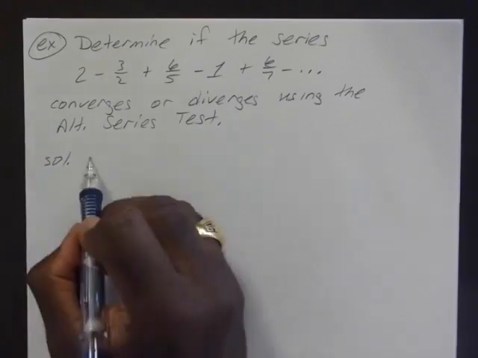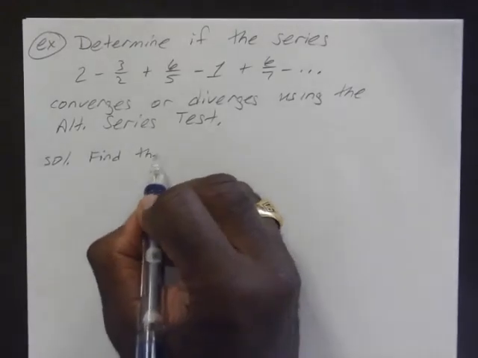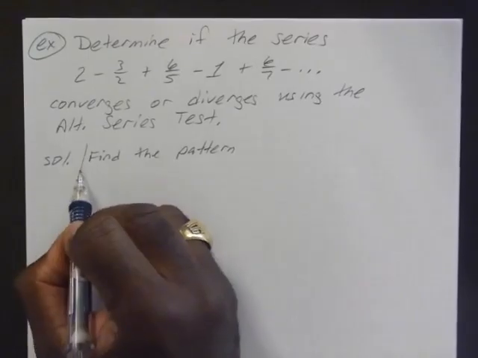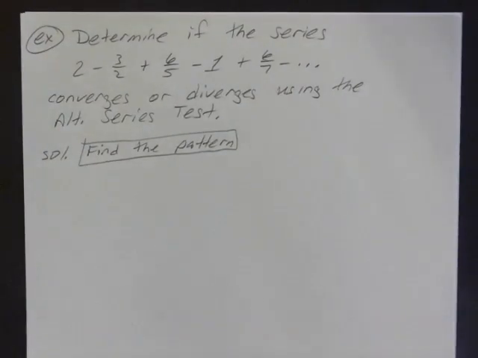Now with this one, again, first step, easier said than done, is find the pattern. This is also one of those things where it's going to be a lot of trial and error on some of them. Some of them you'll figure out right away. Some of them it'll take you 5 chances to figure out the pattern.